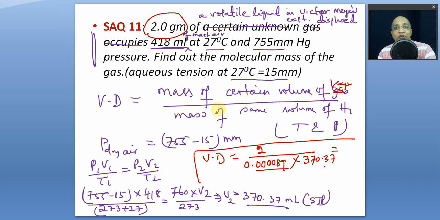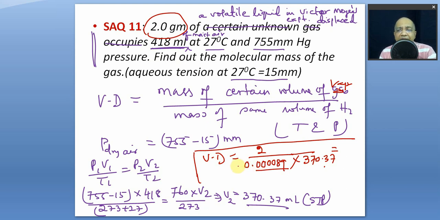Supposing you are very intelligent, you will say, sir, we will keep it as 418 and we change the pressure as 755 minus 15, okay, but we will apply the principle PV is equal to nRT, and we will find what is the mass at that condition and temperature. No problem.